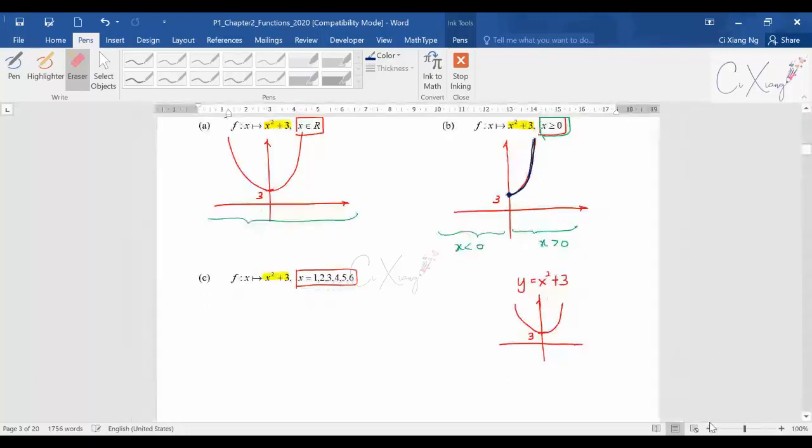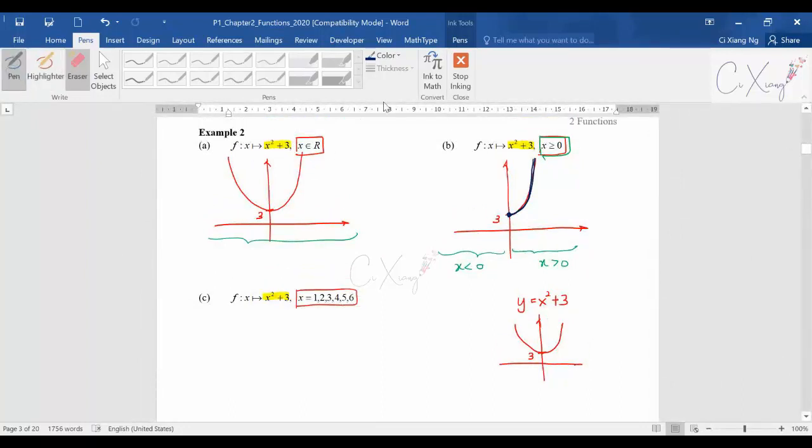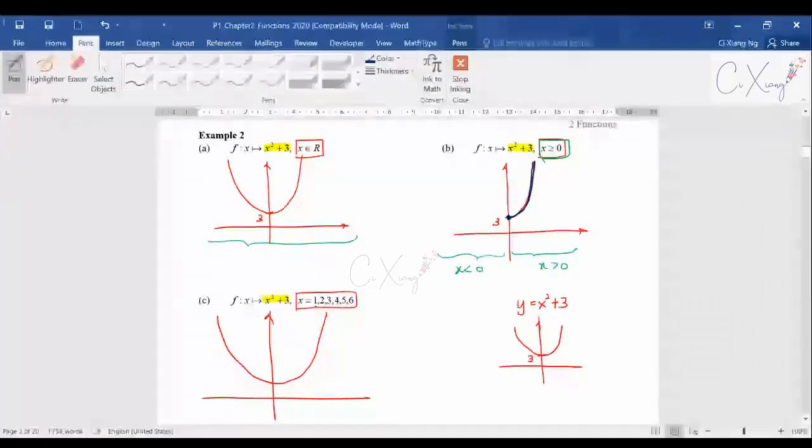For part C, again, if I want to sketch the graph, now they are asking you to sketch the graph only for these 6 values: 1, 2, 3, 4, 5, 6. Again, I have the original graph. It is a U shape. For the domain part, they ask you to consider 1.